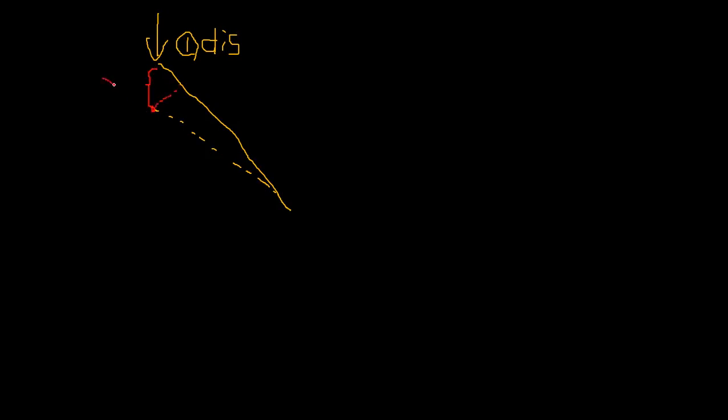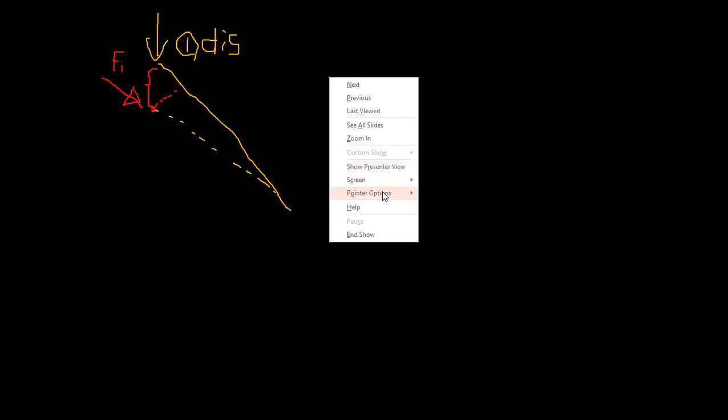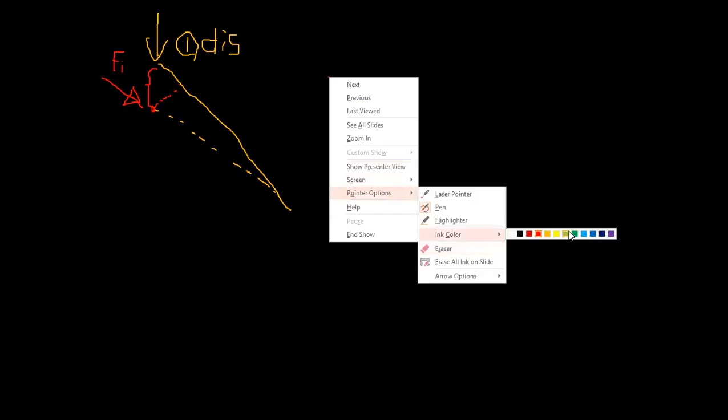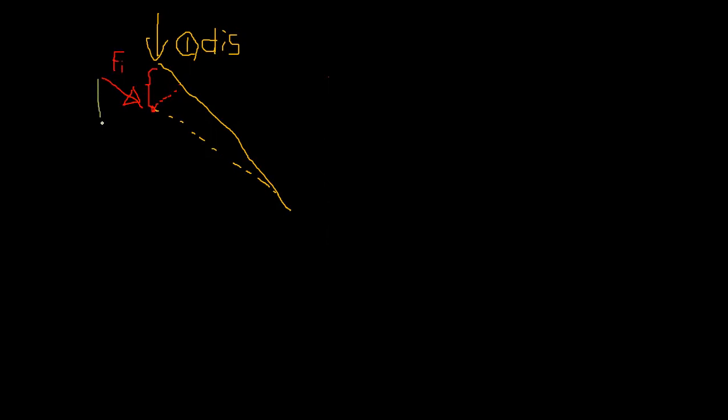So that means this member is also in a compression, right? Member is in a compression. So you can divide the components, right? Fi sin theta i, for the ith member, and Fi cos theta i, right?